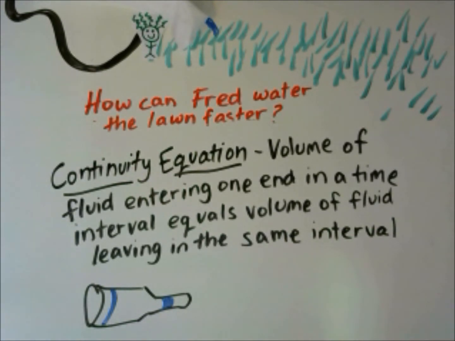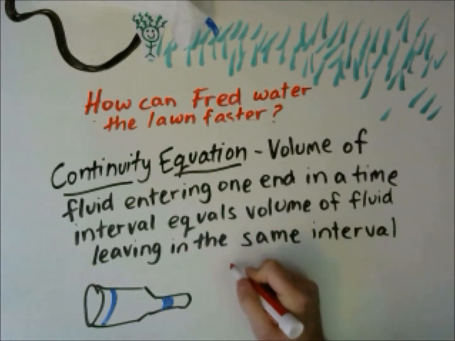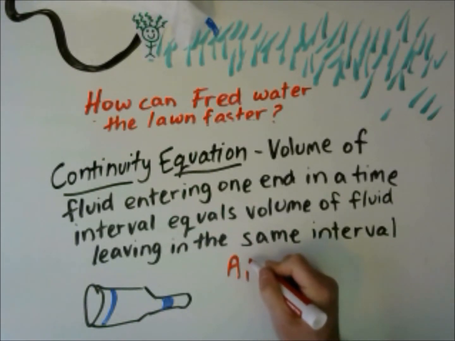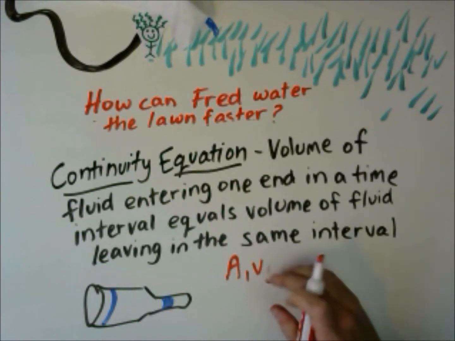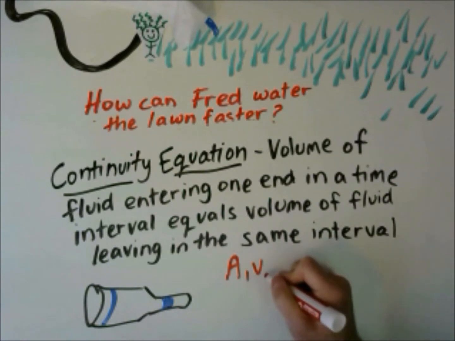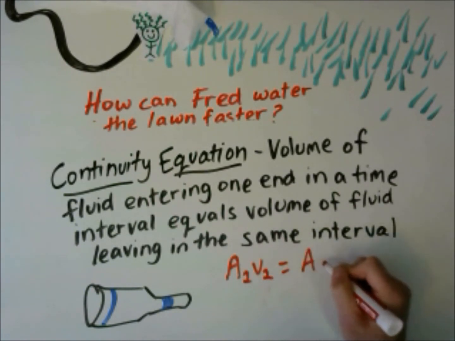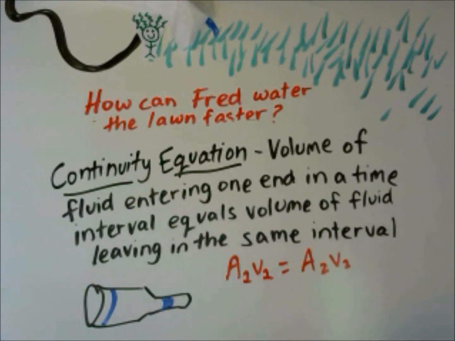This makes sense because our fluid can't be compressed. And again, we write the continuity equation as A1, that's the area at point 1, times velocity 1 equals A2 times velocity 2.